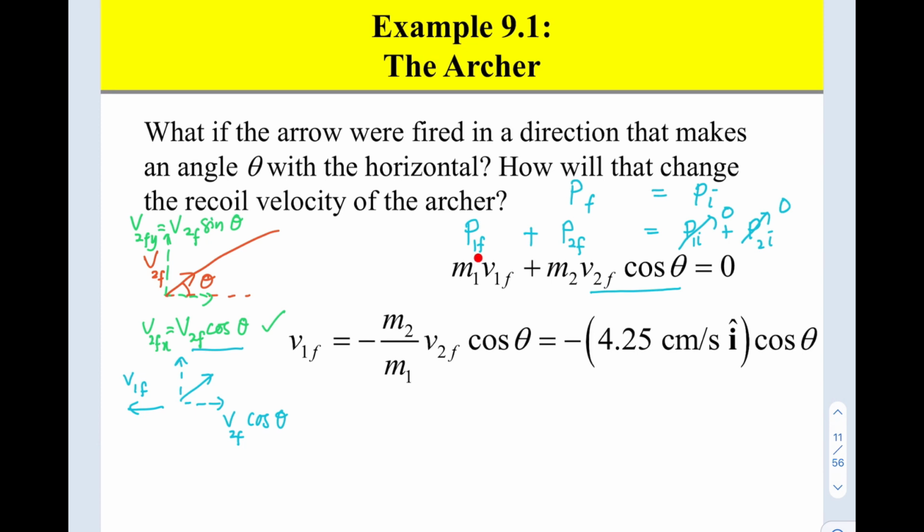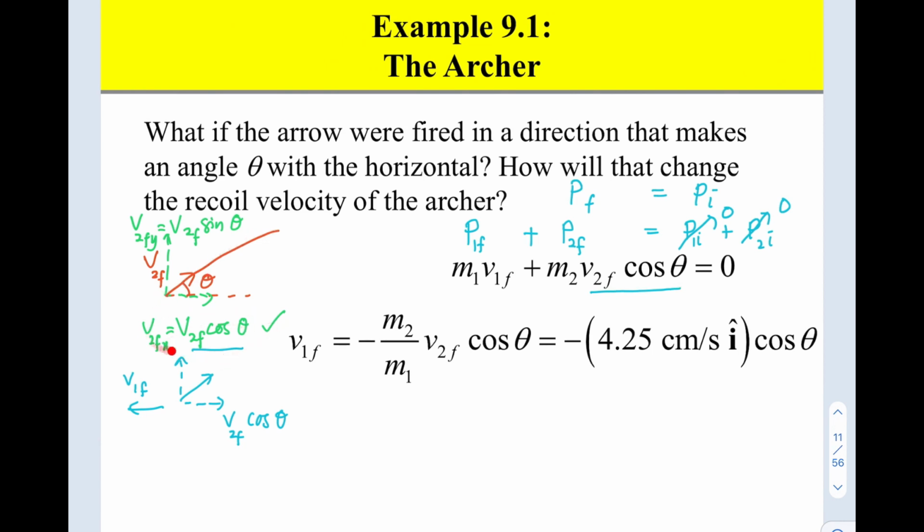So P of the archer final plus P of the arrow final must equal 0. For our arrow, its V2 final in the x direction is V2 final cos theta, because it makes an angle just now.